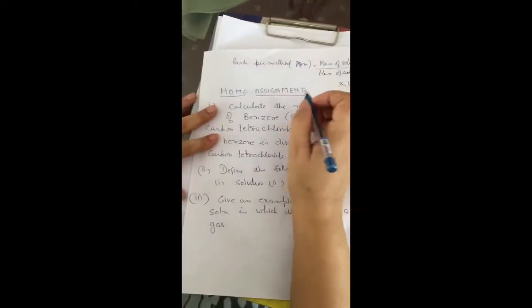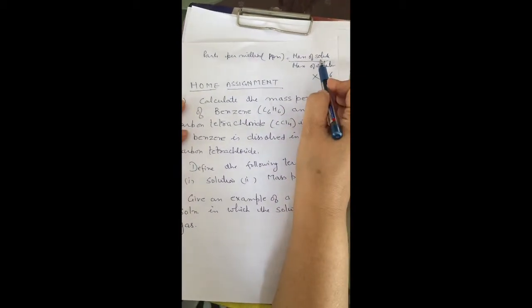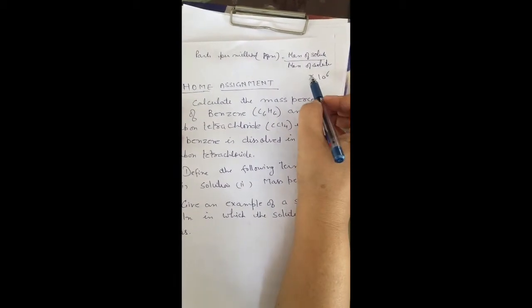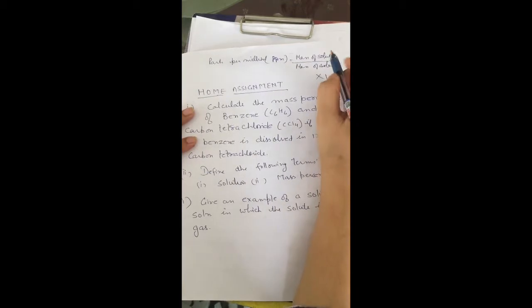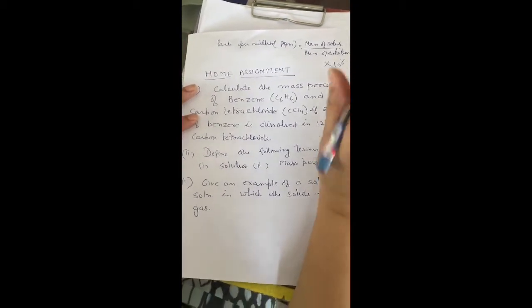Parts per million, ppm, is equal to mass of solute upon mass of solution, into 10 raised to power 6.